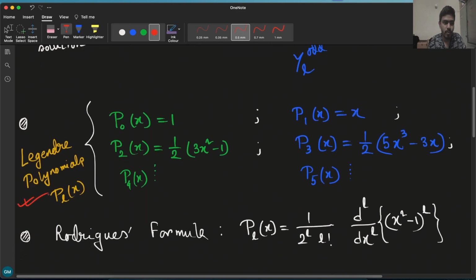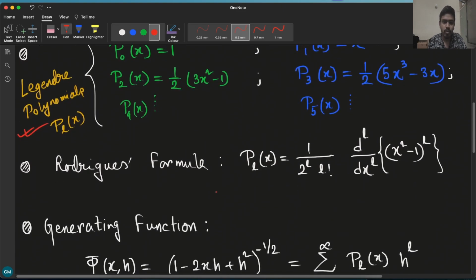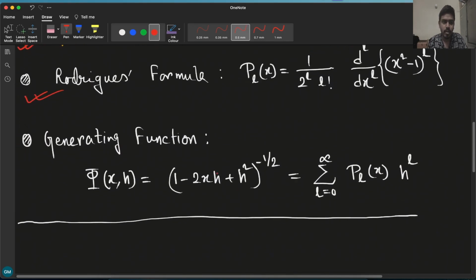These are the Legendre polynomials, and then we showed that the same Legendre polynomials can be generated using the Rodrigues formula. And in the last class we showed that the same Legendre polynomials can also be generated using this generating function. In this class I will prove some recurrence relations using this generating function.